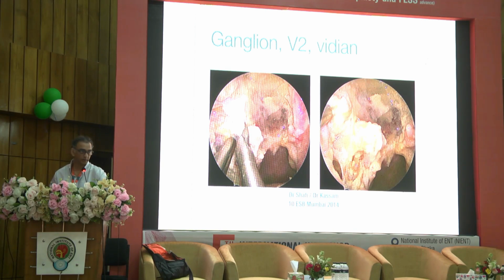So this is your anatomy. This is the maxilla, this is the sphenoid, this is the medial pterygoid sitting here. So pterygo-sphenoid junction. You want to locate your Vidian nerve. It is at the junction of the pterygoid plate and the floor of the sphenoid sinus. So pterygoid plate, floor of sphenoid, Vidian nerve. Easy.